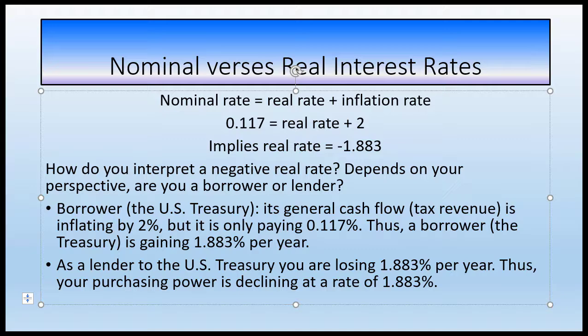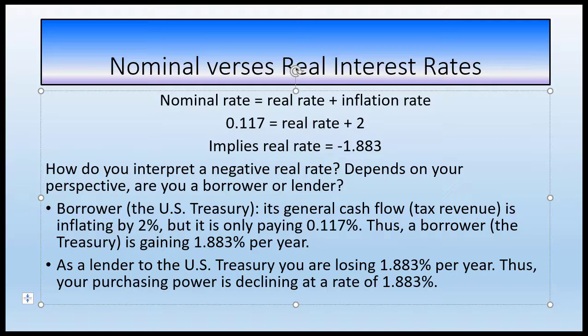But in this case, the borrower, the Treasury, is only paying 0.117%. Thus, the borrower Treasury is gaining about 1.883% per year from this transaction. It's like a negative borrowing cost to the Treasury. That seems like an interesting concept. Maybe that motivates the Treasury to borrow more money.